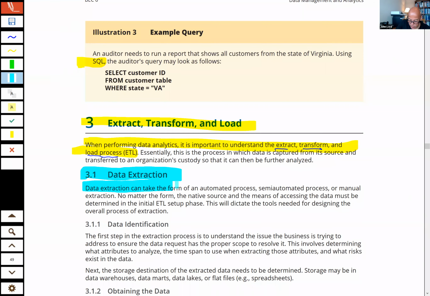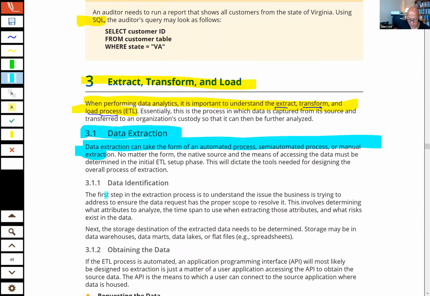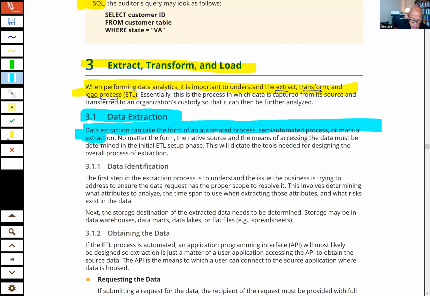Data extraction can take the form of an automated process, semi-automated, or manual extraction. First, and this to me is one of the more forgotten about steps, is data identification. Because there's so much data out there, it is tempting to say, let's just look at everything.